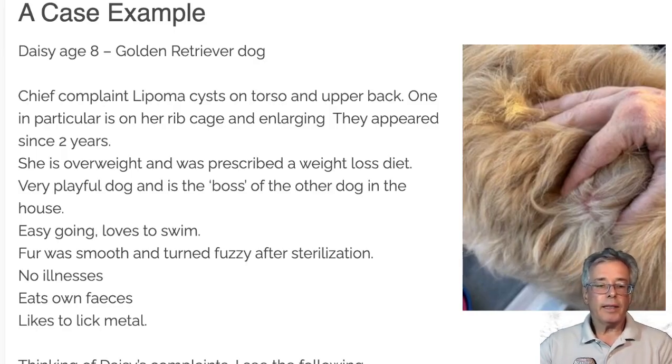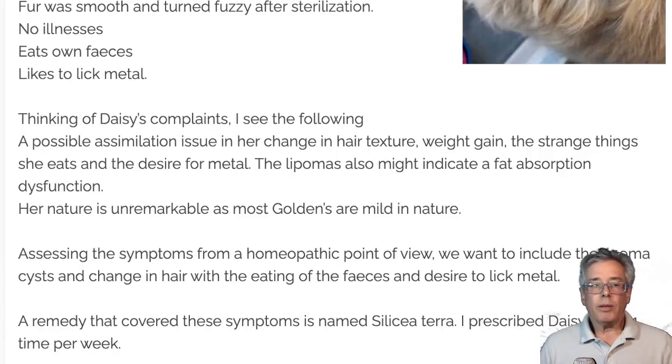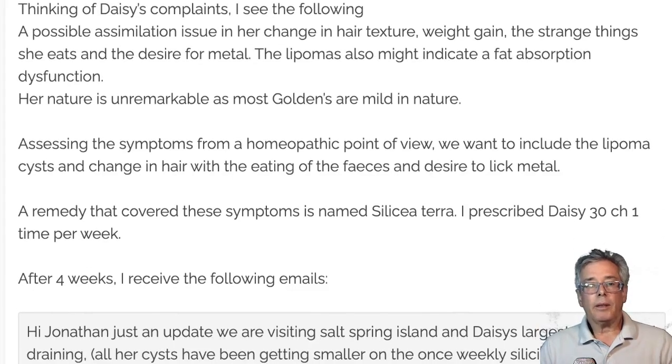So thinking of Daisy's complaints, I see the following being symptoms. So there's a possible assimilation issue in her. You see it in the change of her hair texture, her weight gain, the strange things she likes to eat and taste, and the lipomas might also be some sort of fat dysregulation, fat metabolism dysregulation.